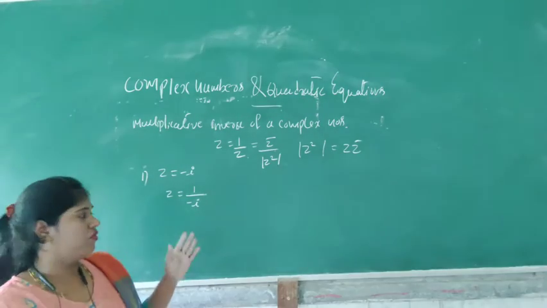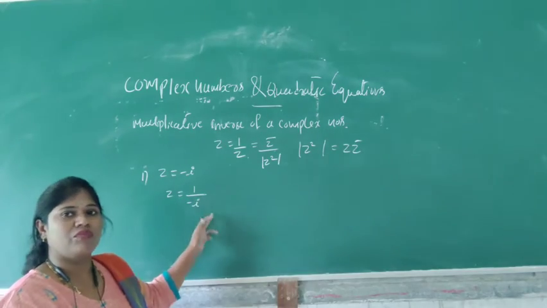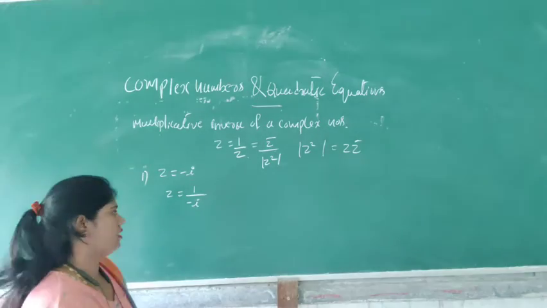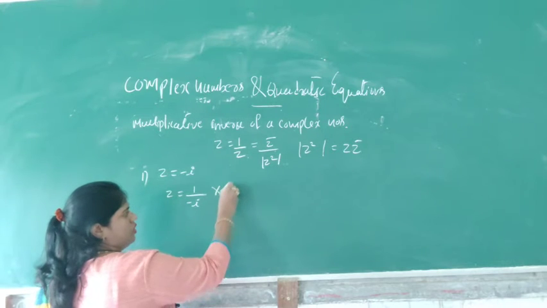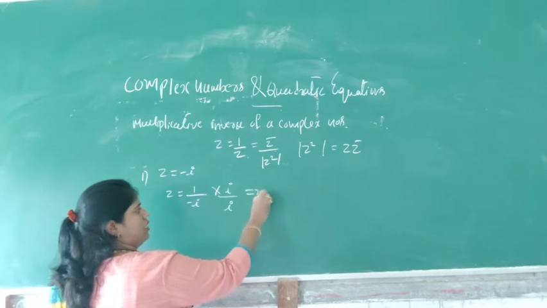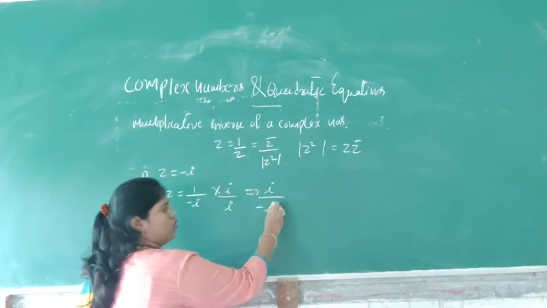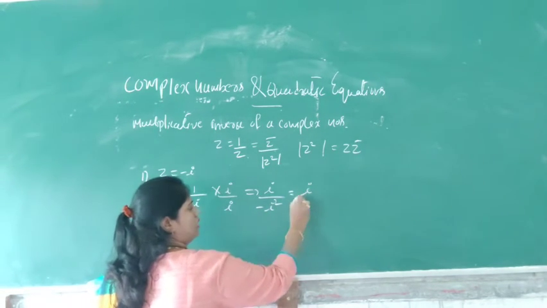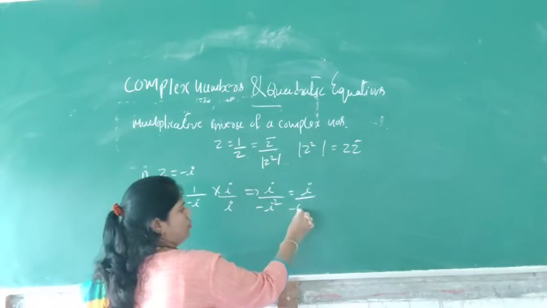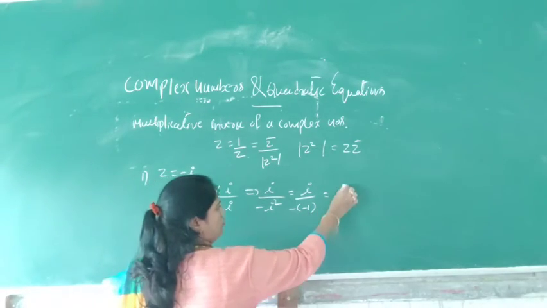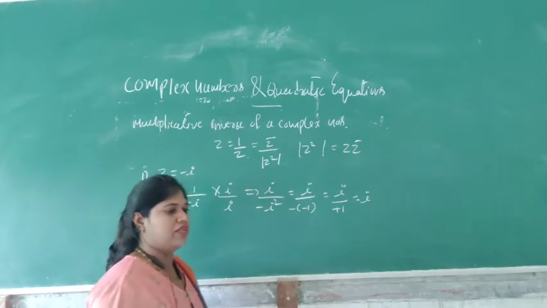Is this enough? Do we get the multiplicative inverse here? No, if it is in this form, we have to rationalize. Minus i becomes plus i, here also plus i. So i divided by minus i square. Correct? So minus i square is minus of minus 1, which is equal to i divided by plus 1, which is equal to i.